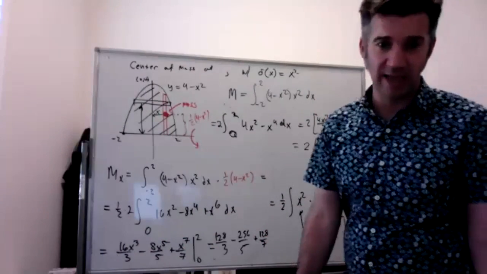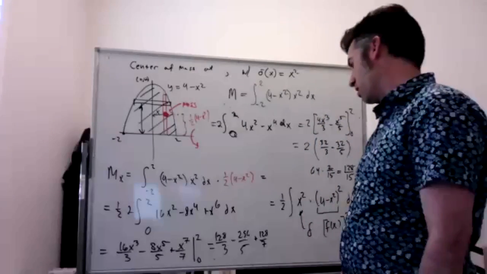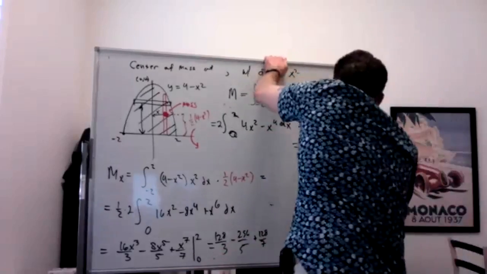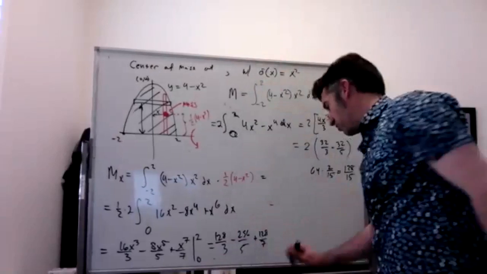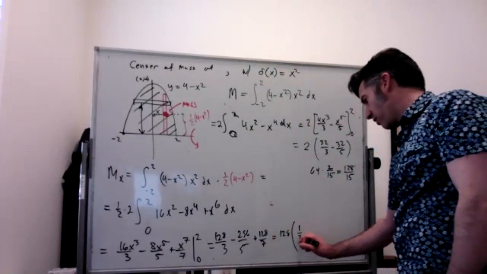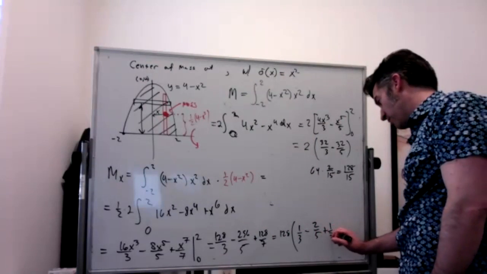It's pretty heinous, I'm not going to lie, but it's not so terrible. You can totally factor out 128. If you factor out 128, you're left with 1/3 minus 2/5 plus 1/7.